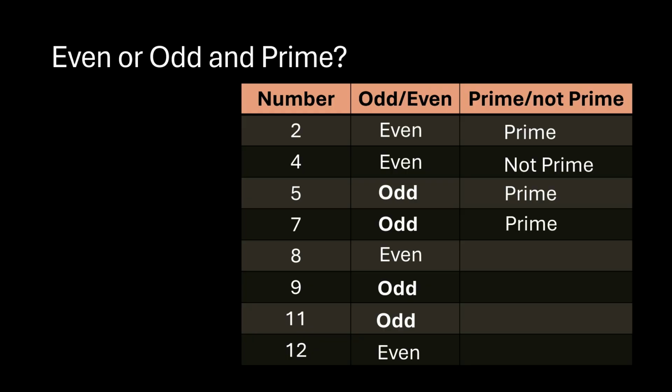They both each have 2 factors exactly. 8 is not prime. It has factors 1, 2, 4, and 8. So clearly more than 2 factors. And 9, as we discussed earlier, is not prime. 11 is prime. It has exactly 2 factors, 1 and itself. And 12 is not prime.